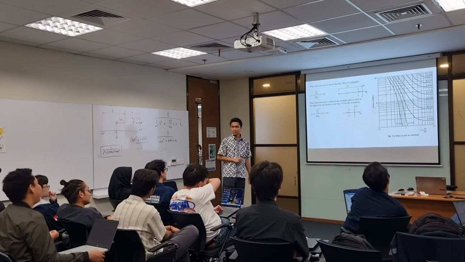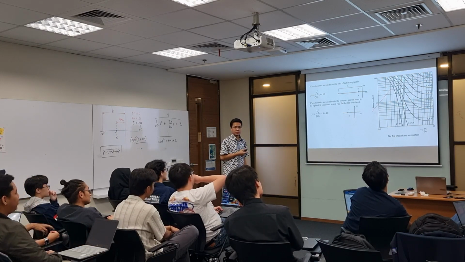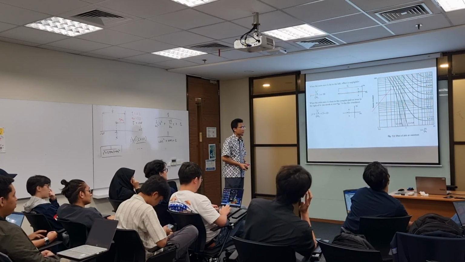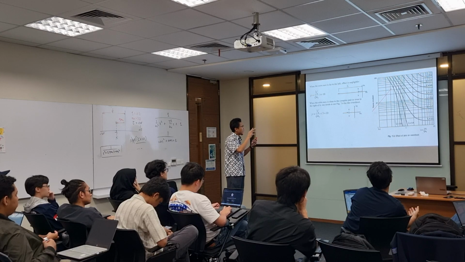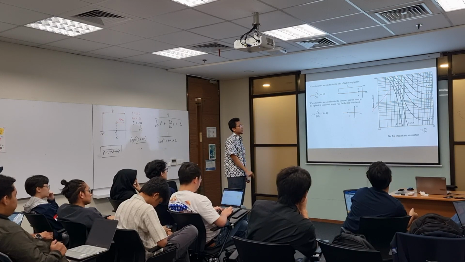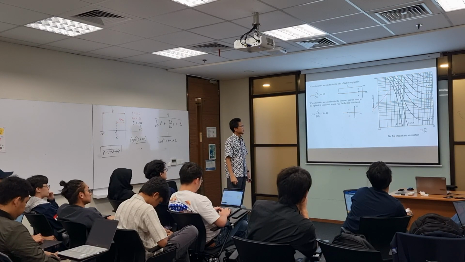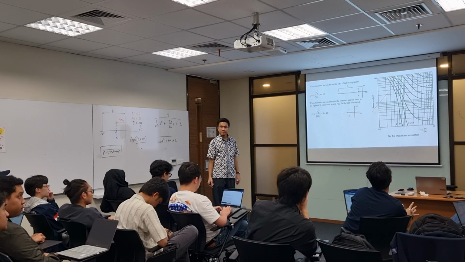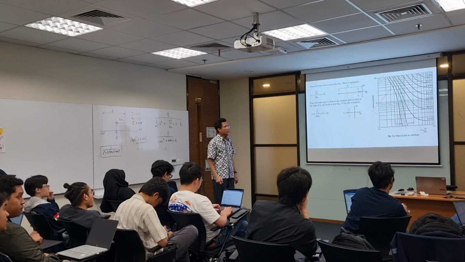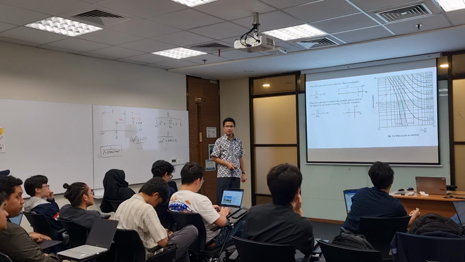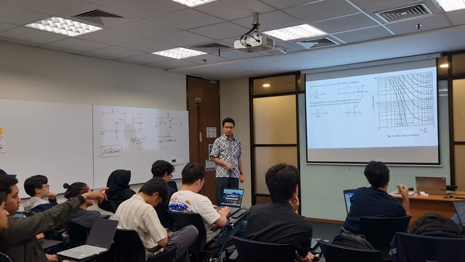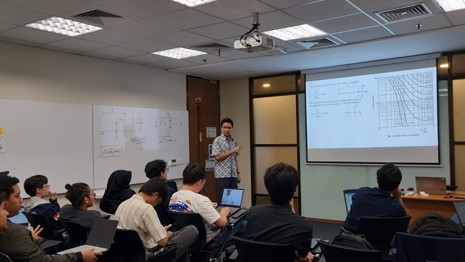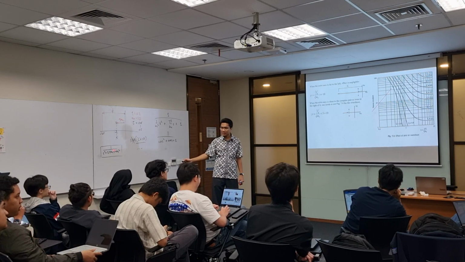For extra zero, it is gamma. Why is it gamma less than 5 or 10? No, this is a typo, it is less than 10. The zeta is your original zeta, the second order zeta.